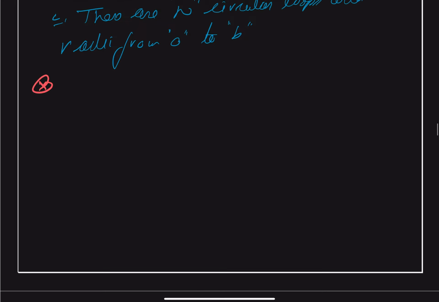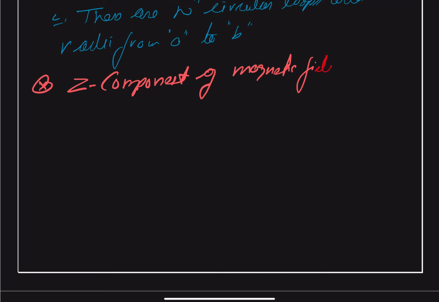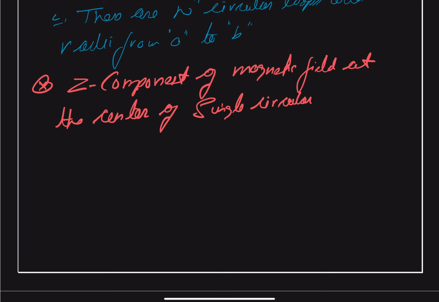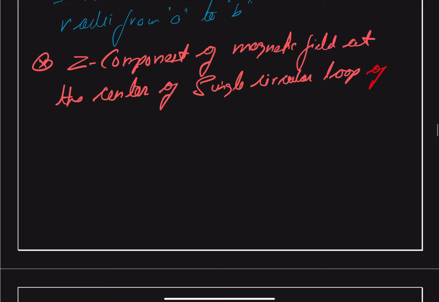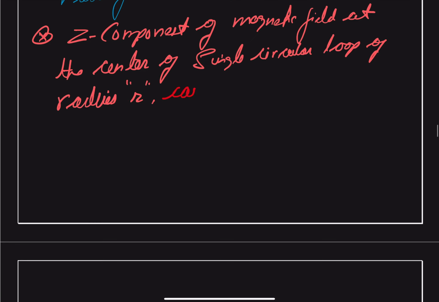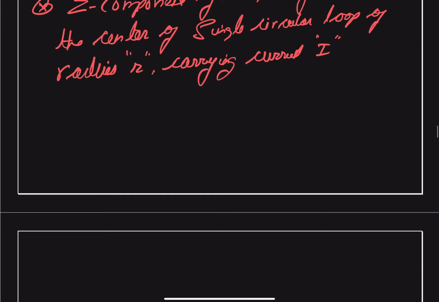Therefore, we can say the Z component of the magnetic field at the center of a single circular loop of radius r, carrying current I, we can write it as dBz is equal to mu naught I upon 2r.